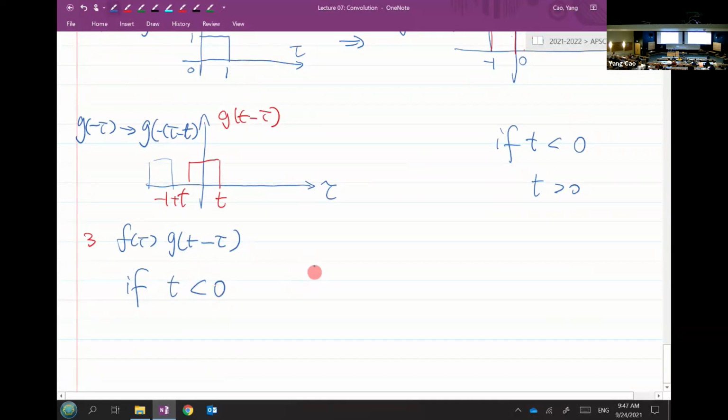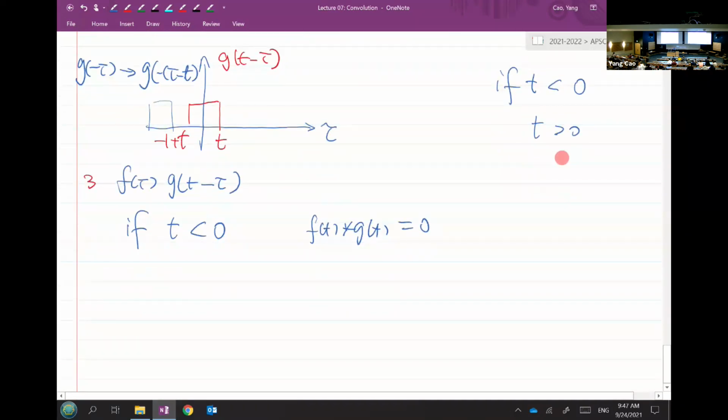If t is less than 0, you get f of t convolute g of t equal to 0. That's pretty obvious. And then I'm just going to specifically talk about when t is greater than 0.